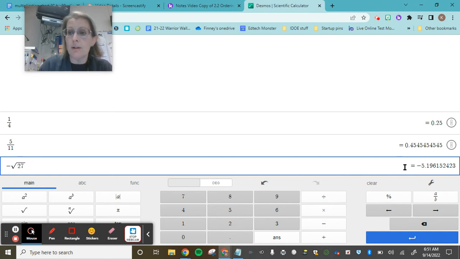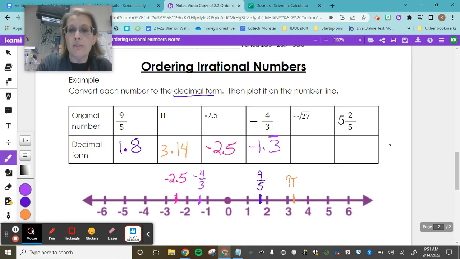It is irrational because it does not have a pattern. So we're just going to round that to 5.196 because the 1 makes the 6 stay the same. So that one is -5.196. And you can put dots to show it continues.